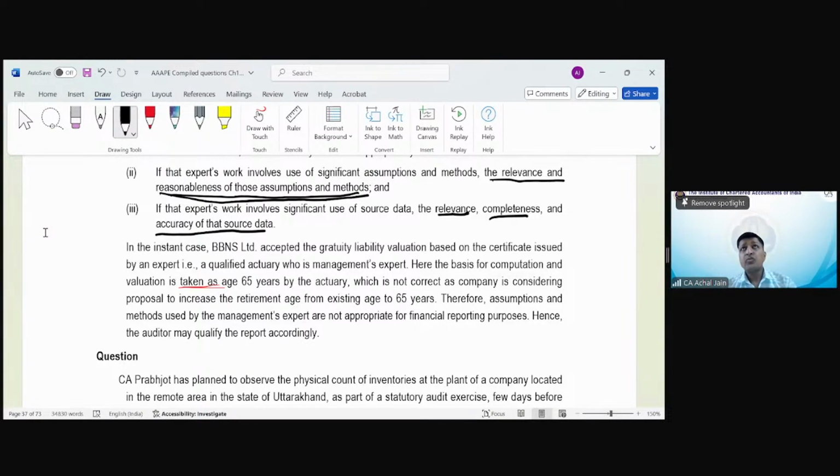Hence, the auditor needs to evaluate that, and understand what is going to be the impact of that. Right? Clear on this? Everyone clear? Any reporting implications which are there, that is what the auditor needs to look at.